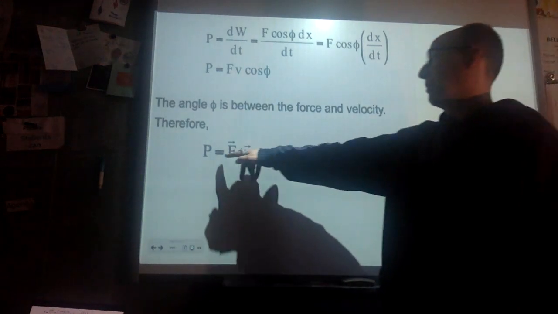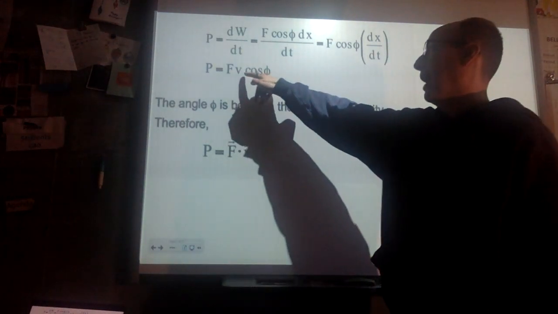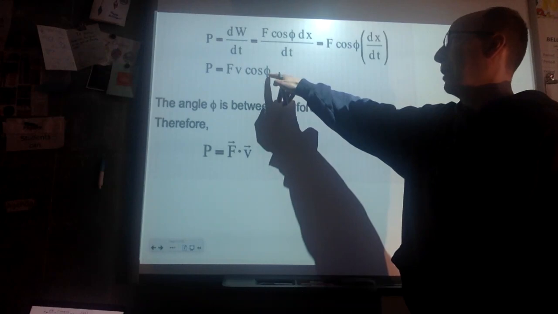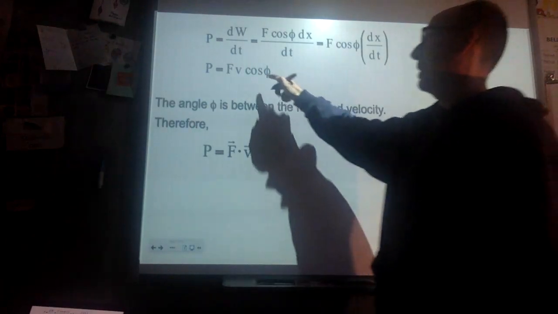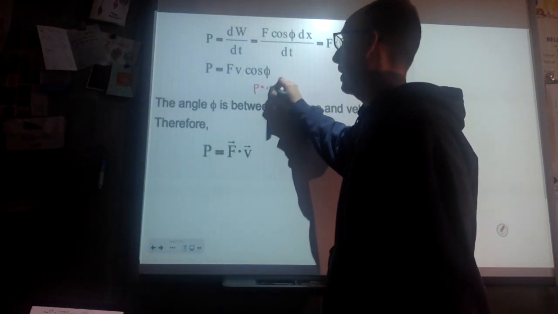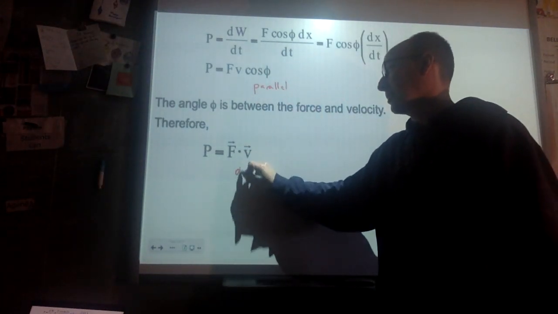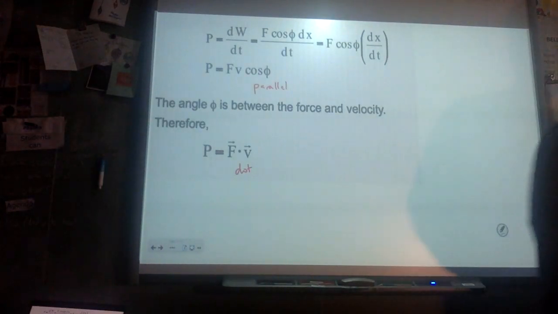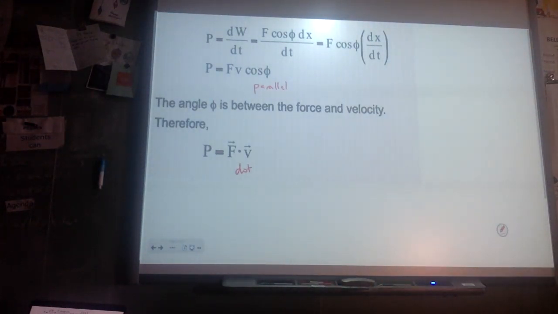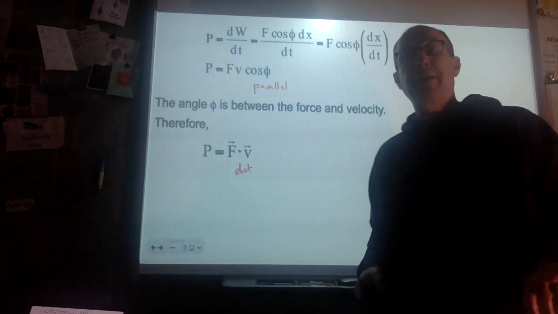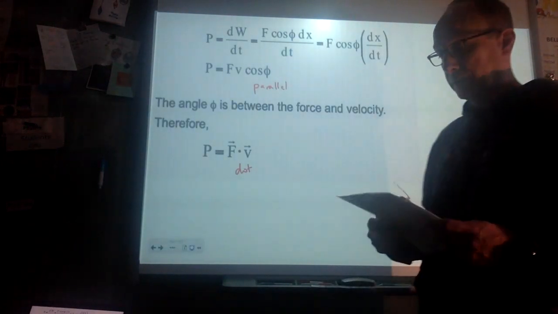And we can see here that we have this F V cosine of phi. Again, when we have a cosine, they're telling us that we're combining parallel components. We see the dot in the middle that tells us it's the dot product. So this is going to be vector multiplication that results in a scalar.